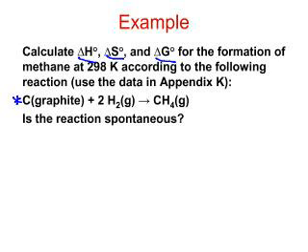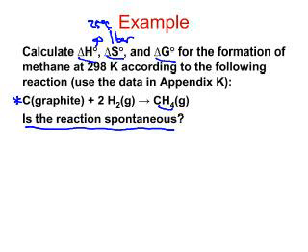So we're going to take graphite, which is the most thermodynamically stable, naturally occurring form of carbon, plus 2 hydrogen gas molecules gives you methane, CH4. And we're going to answer this question: is the reaction spontaneous, or does it have a tendency to occur without provocation? And again, guys, what these degree symbols mean is standard conditions, so 25 degrees Celsius and 1 bar of pressure.